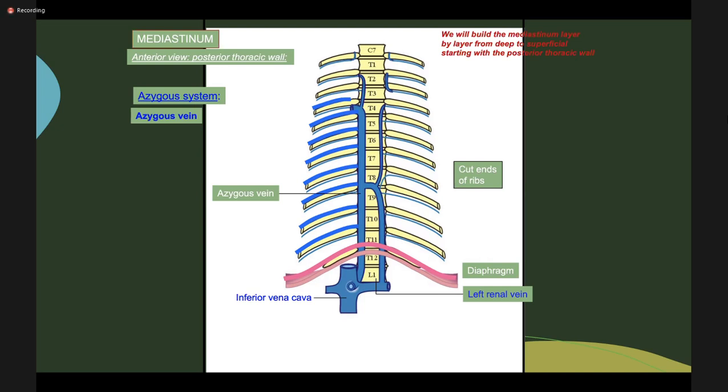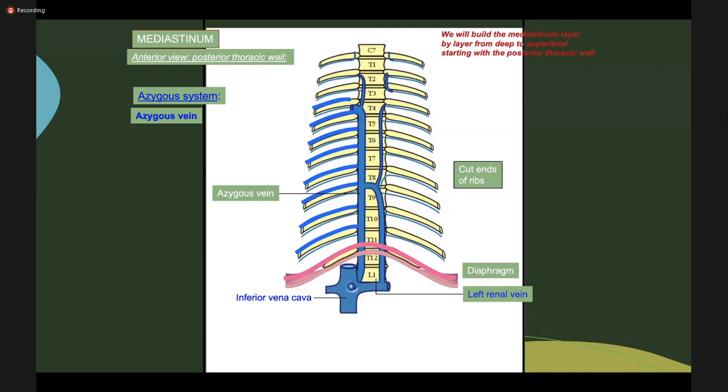Upper spaces are not following. We all know we have 11 pairs of intercostal veins, arteries, and nerves. And the 12th one is always called subcostal, because below my 12th rib I don't have any other rib.